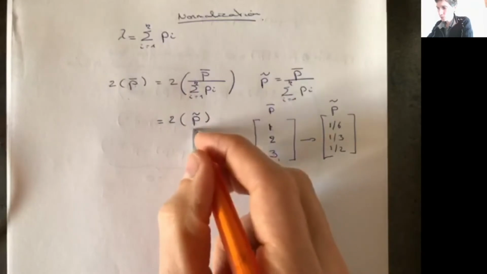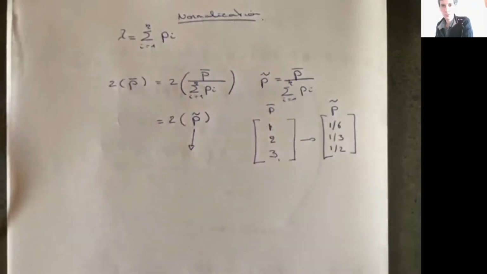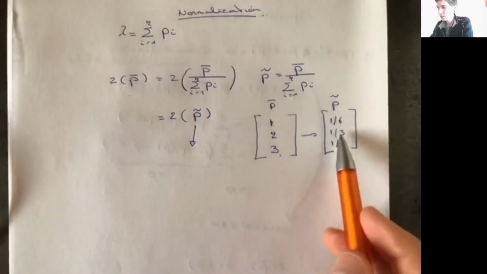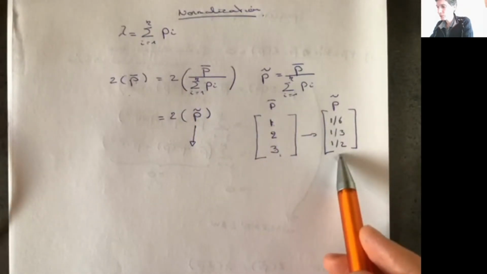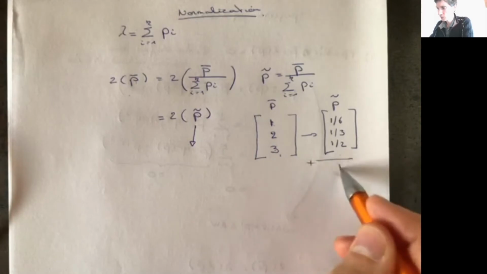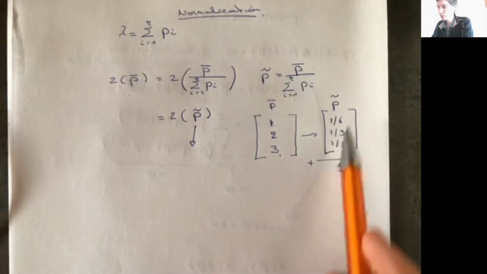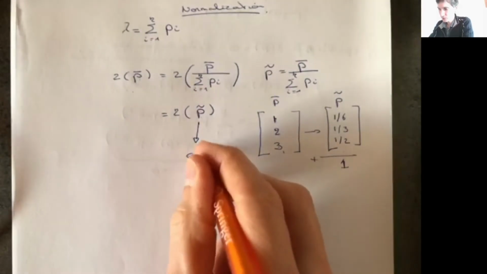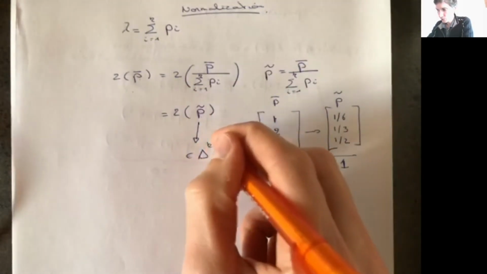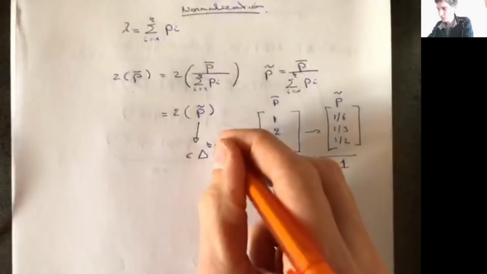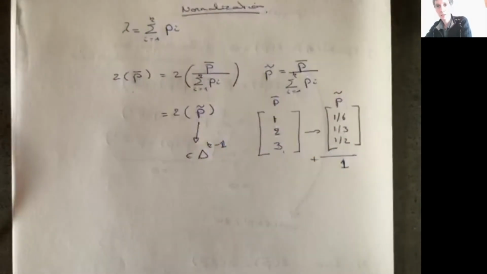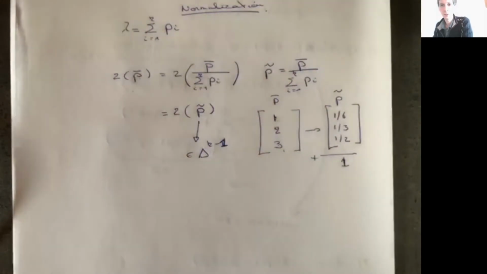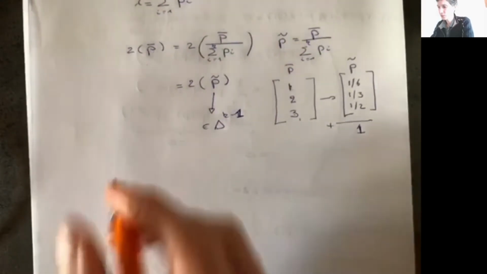So what do we know about this normalized price vector? Well, we know that if we add up all the elements in this normalized price vector, we get 1, right? So these are non-negative numbers that add up to 1. So this is in the k-1 dimensional simplex, right? As you have seen before when discussing Brouwer's fixed point theorem, this is an element of the k-1 dimensional simplex.